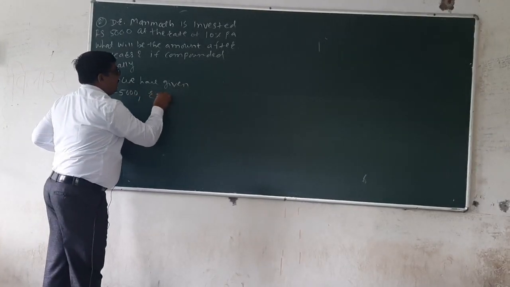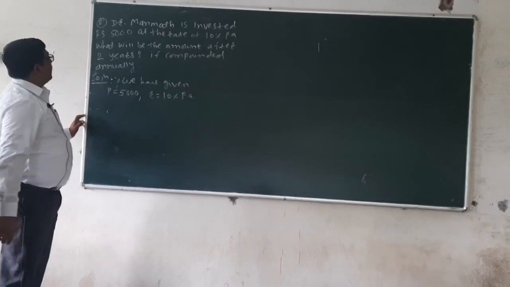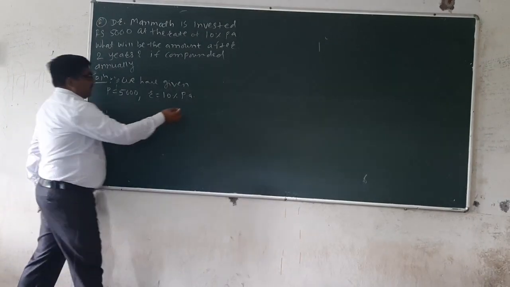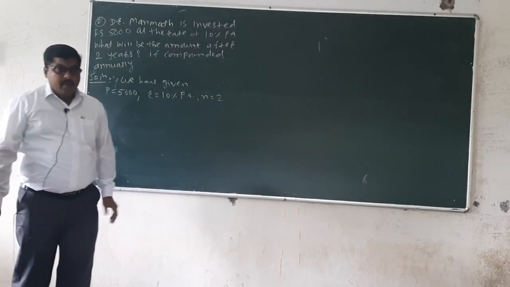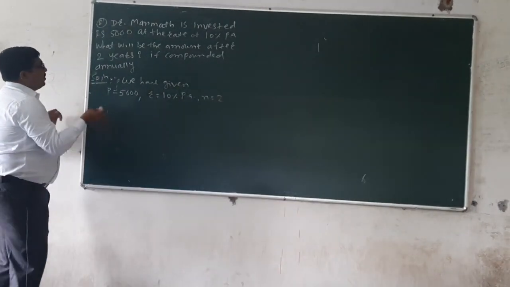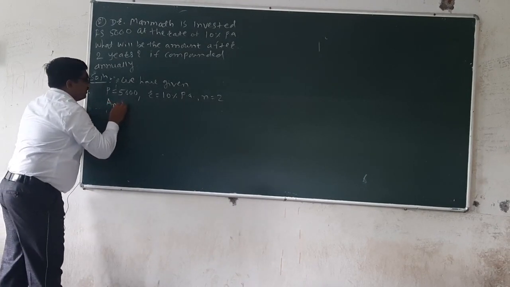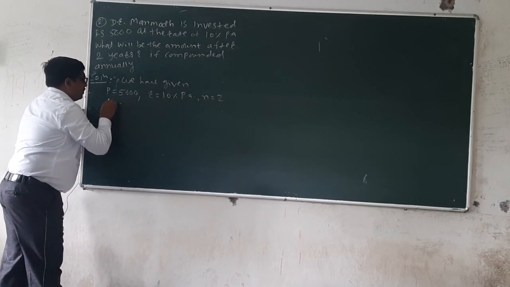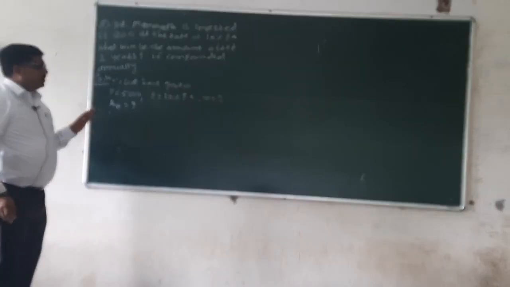R is given as 10% per annum, then N is given, N equal to 2. Now what we have to find out? We have to find out the amount AN.